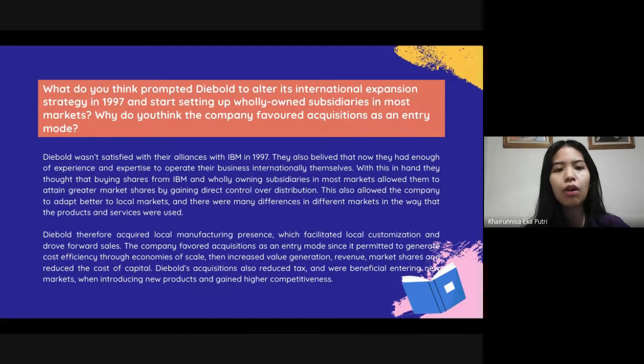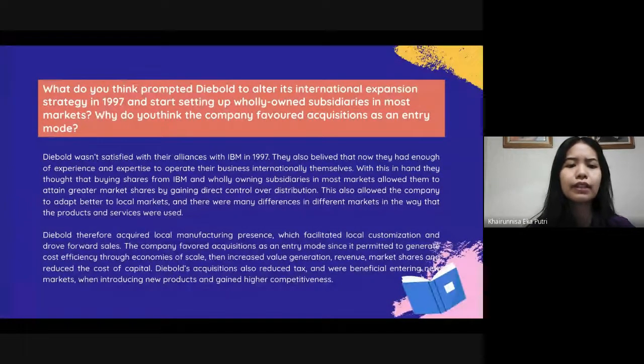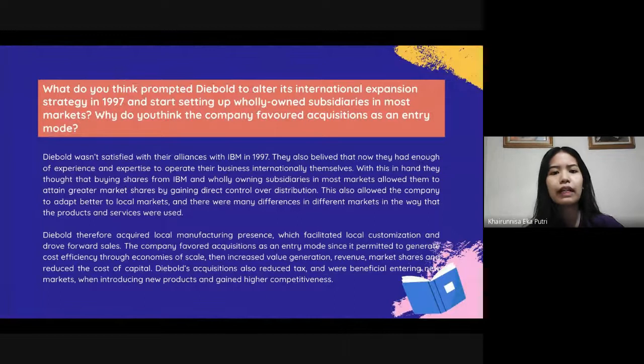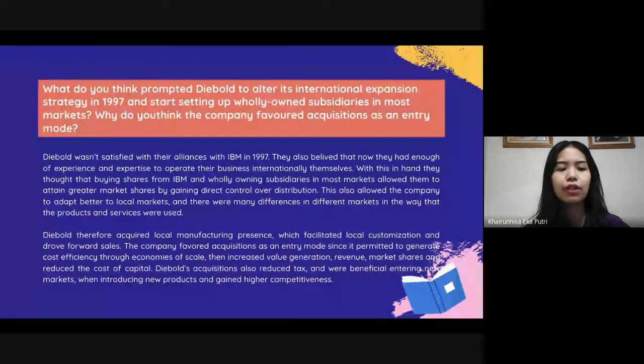This also allowed the company to adapt better to local markets, as there were many differences in different markets in the way that products and services were used. They therefore acquired local manufacturing presence, which facilitated local customization and drove forward sales.